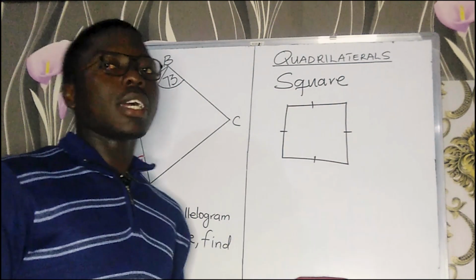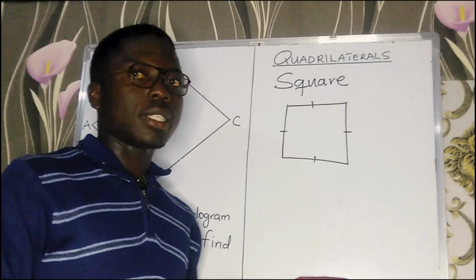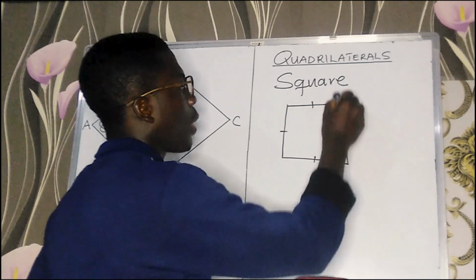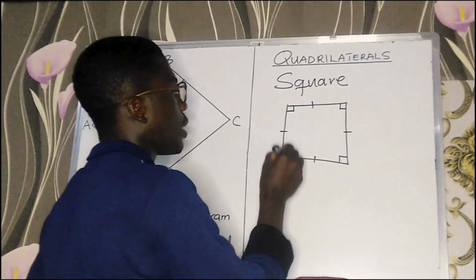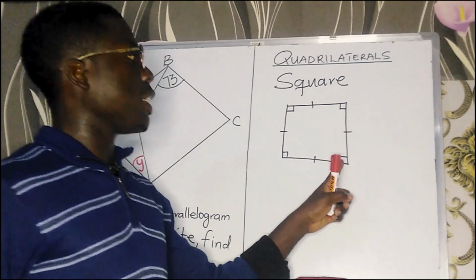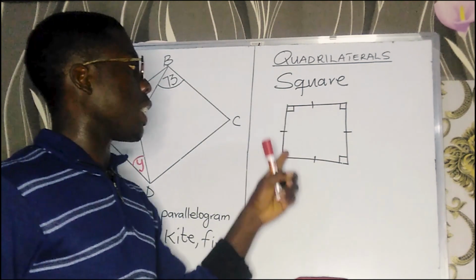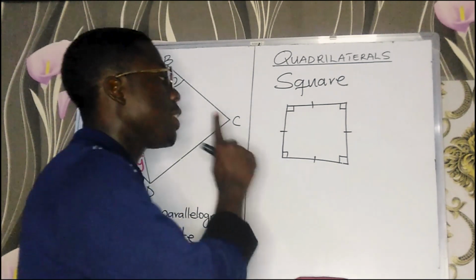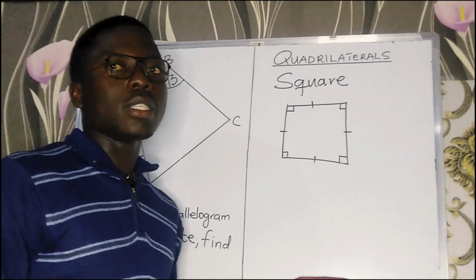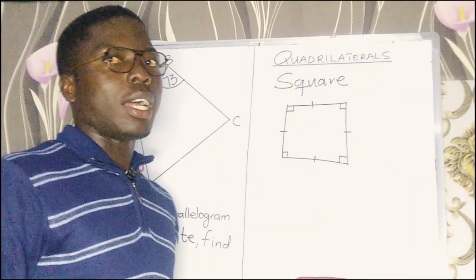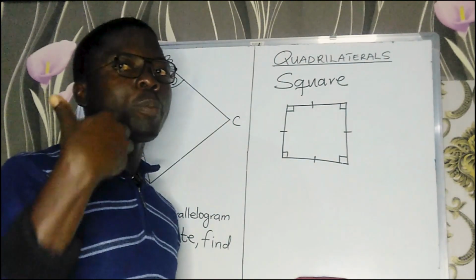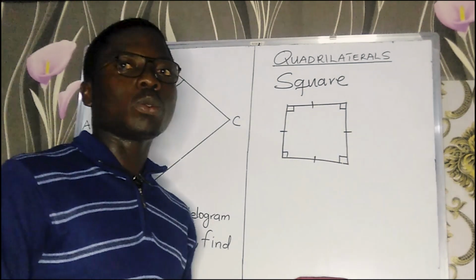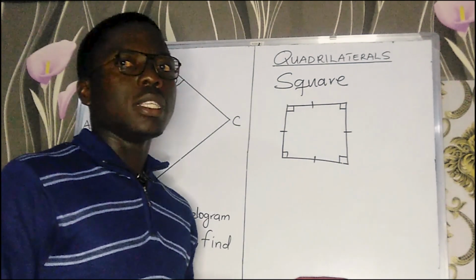And then the second property is that each interior angle is 90 degrees. So we have 90 degrees here, here, here, and here. Now, with the general property, we've done that already. All interior angles add up to 360 degrees.